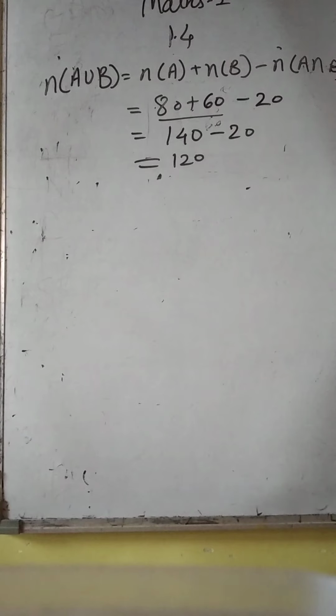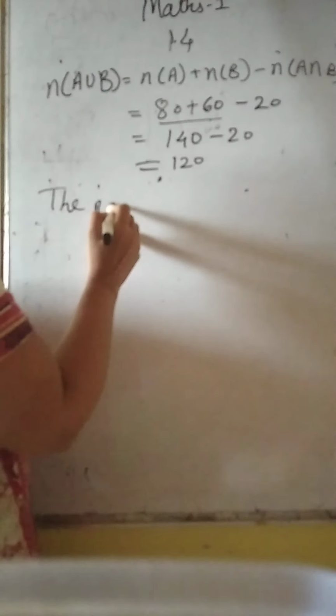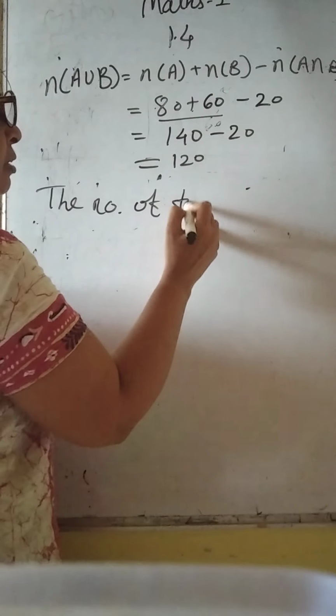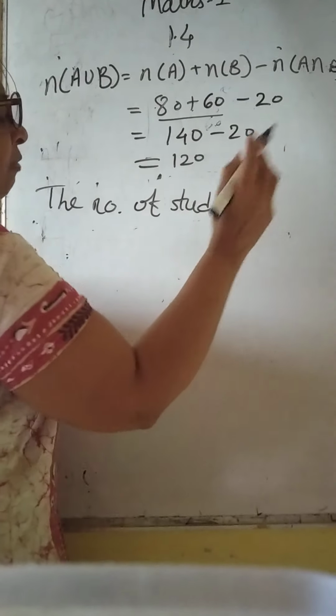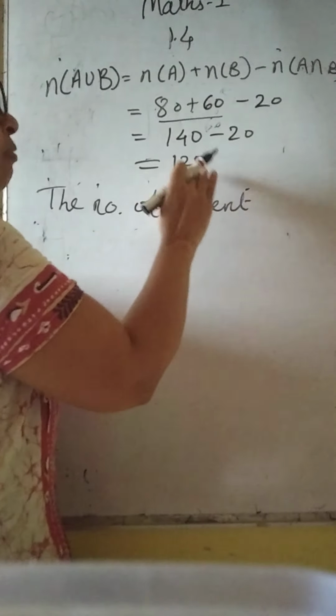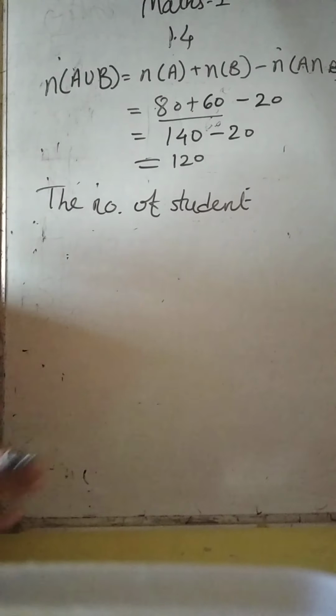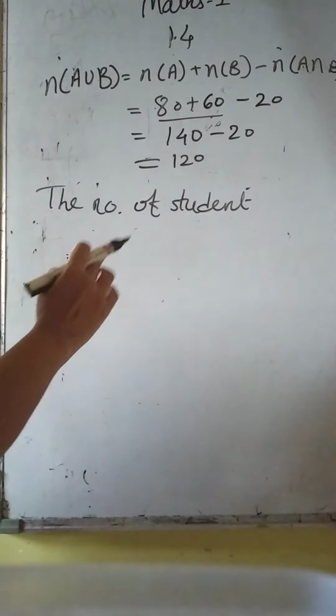How many students are there in the hostel? 125. So the number of students is 125. Out of them, 120 students drink tea or coffee, something at least. So how many students drink nothing? Correct. So how have you found?